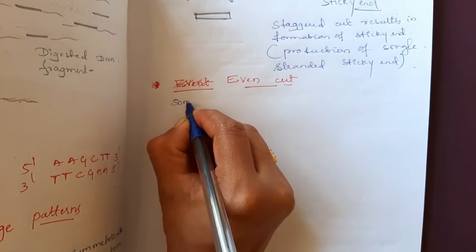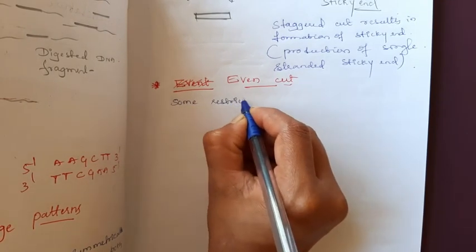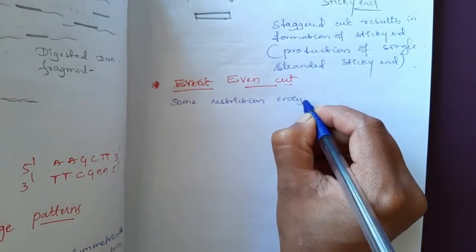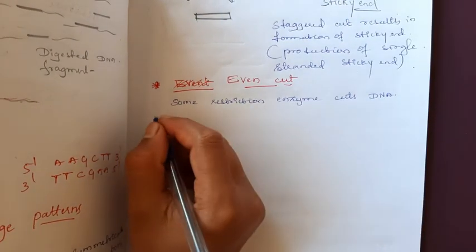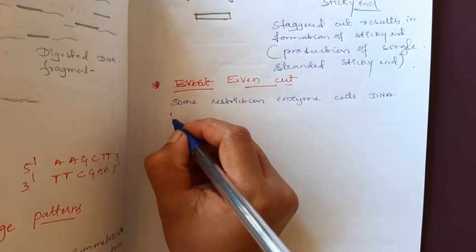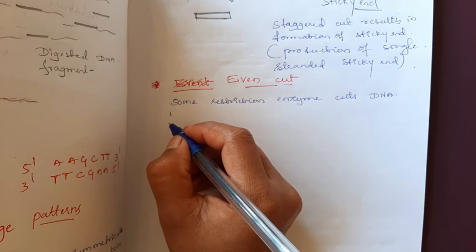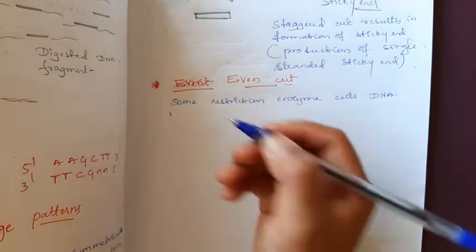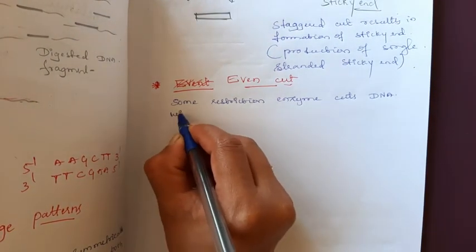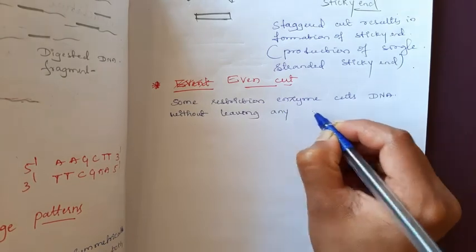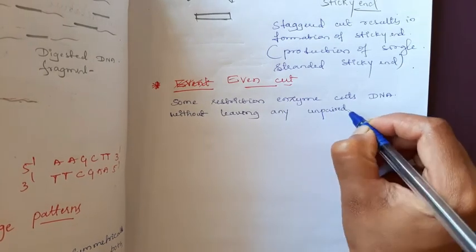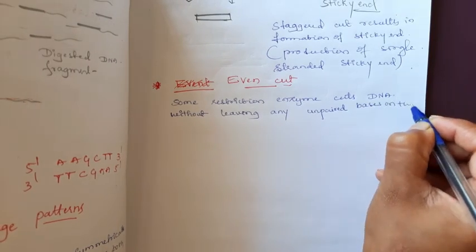Some restriction enzymes cut the DNA without leaving any unpaired bases on the ends.